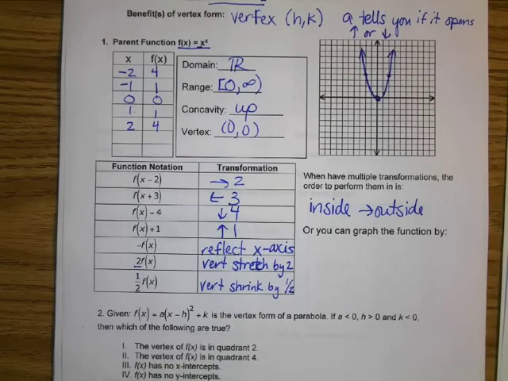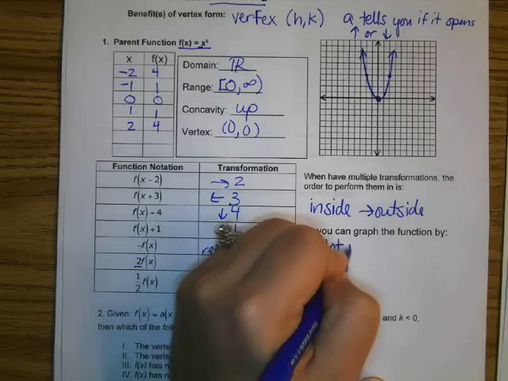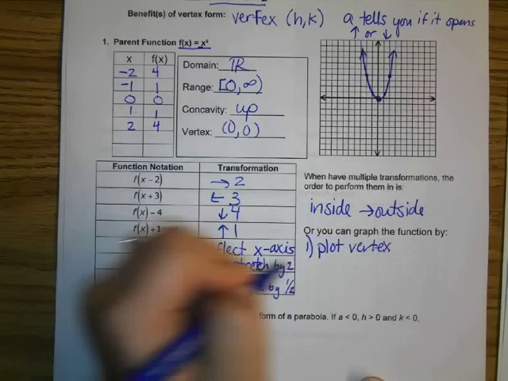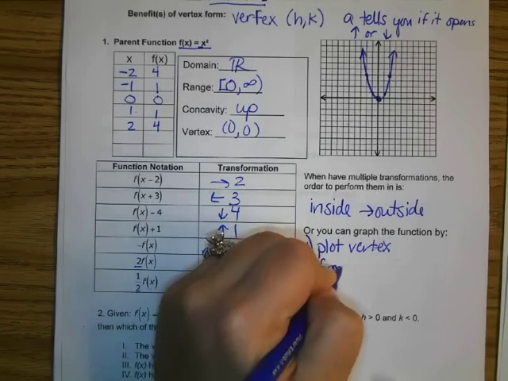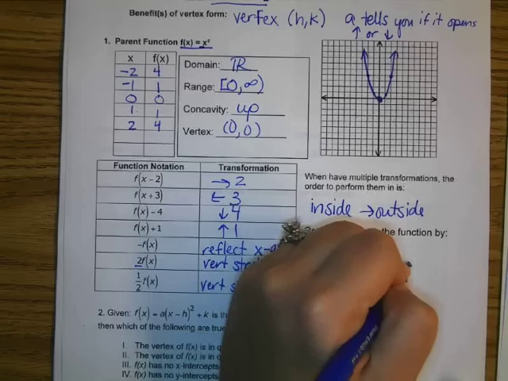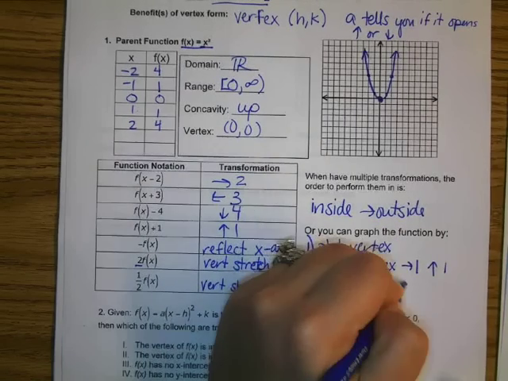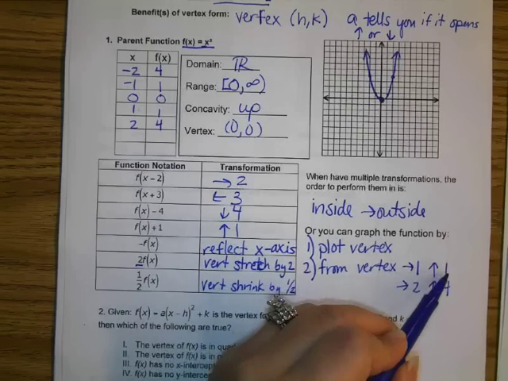Or you can graph a function by step 1, plot the vertex. And then step 2, from the vertex, you can go over 1, up 1, and then over 2, up 4. Because this is over 1, 1 squared is 1.